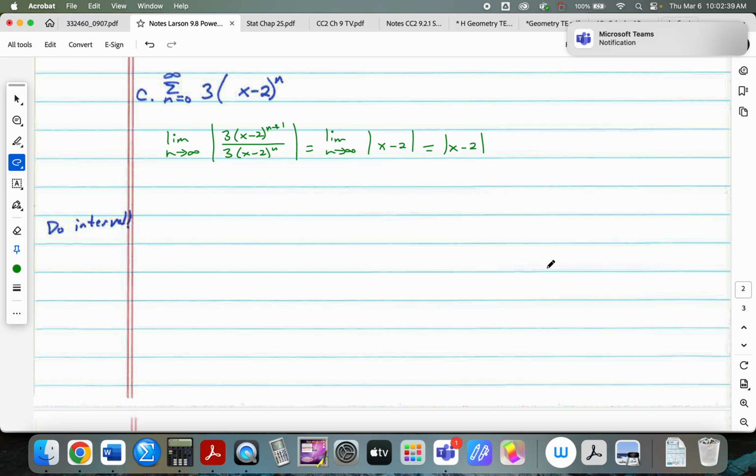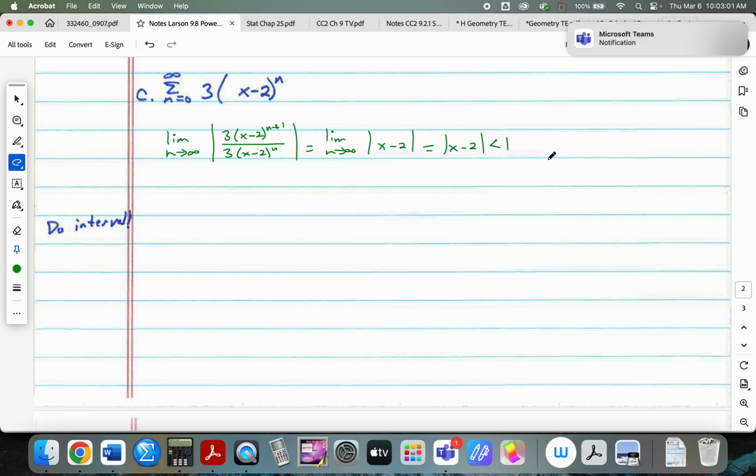A decision hasn't been made yet, has it? Right? On the previous ones, it was taken out of our hands. One of them was infinity, one of them was 0, game over. But here, we want this to be less than 1. And you can think about this a couple of different ways.